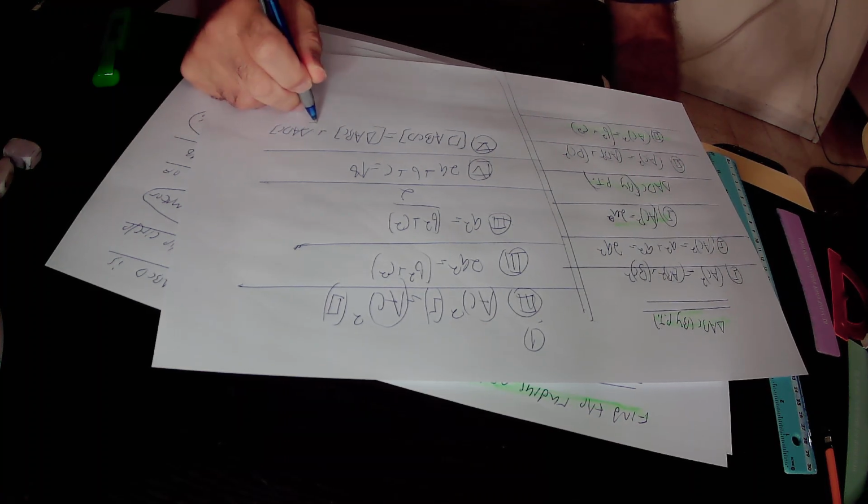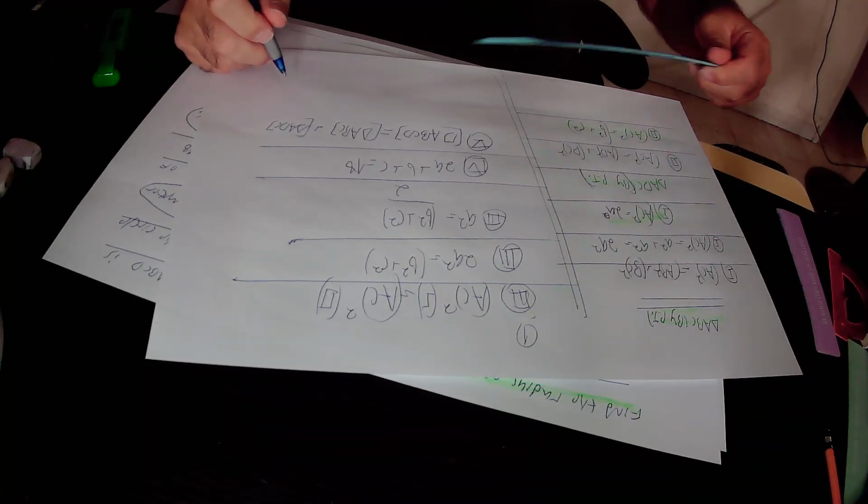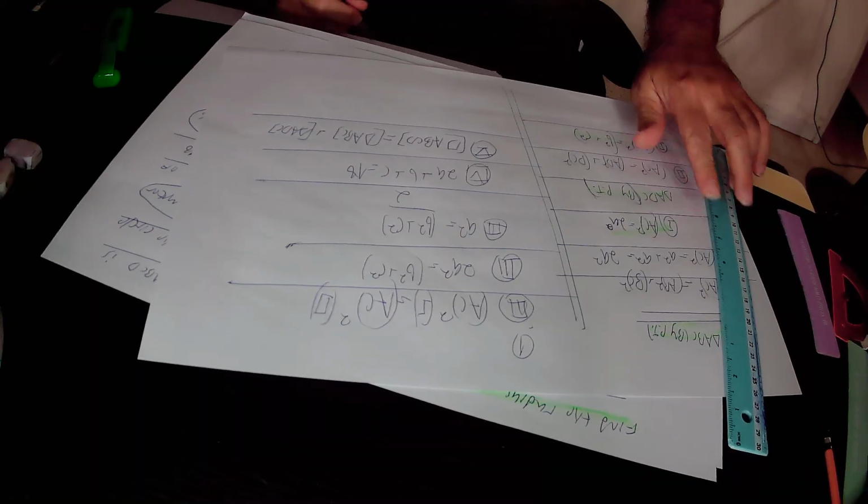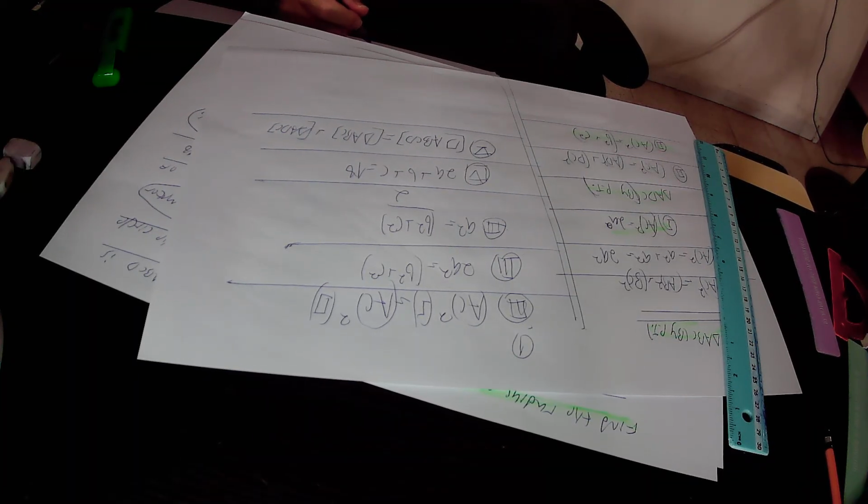Okay, again, according to equation 5, the area of quadrilateral ABCD must be equal to the sum of the areas of the two shapes that it consists of. The first shape is the right triangle ABC, and so this is the area of the right triangle ABC, and the second shape is the right triangle ADC.